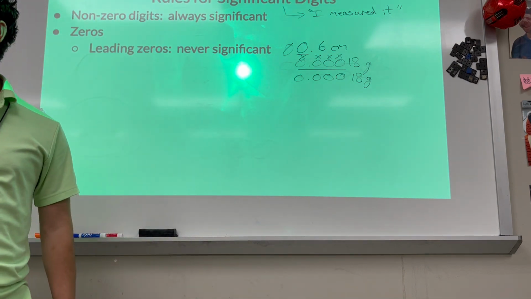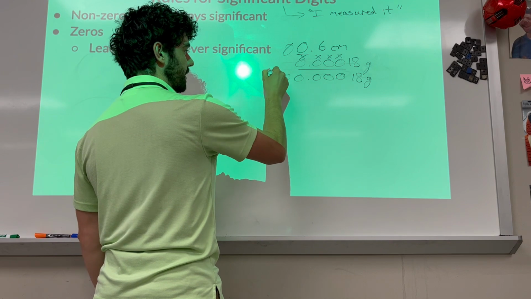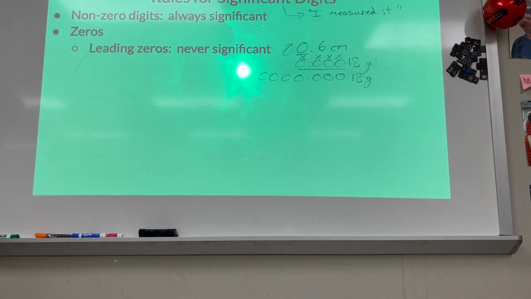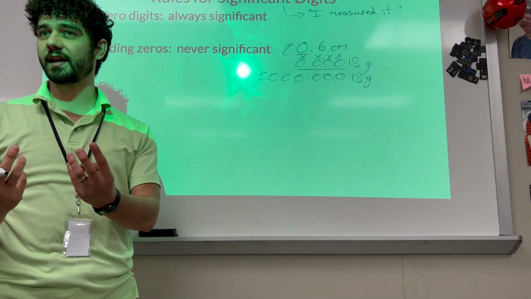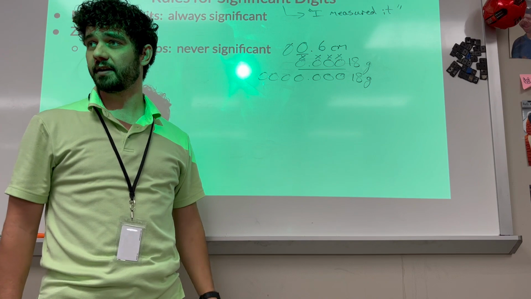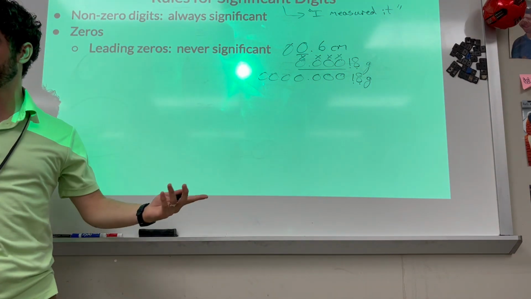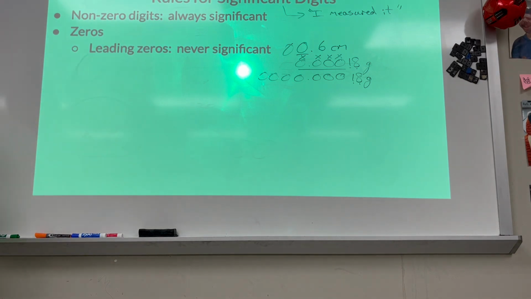If I had a fancier scale, it wouldn't put more zeros out here. That doesn't make any sense. So I'm not gaining or losing any precision by having zeros in front. The only reason they're there is to make the 1 and the 8 be in the right place value that they need to be. So leading zeros are not important for what I measure. It doesn't communicate any exactness in my measurement.